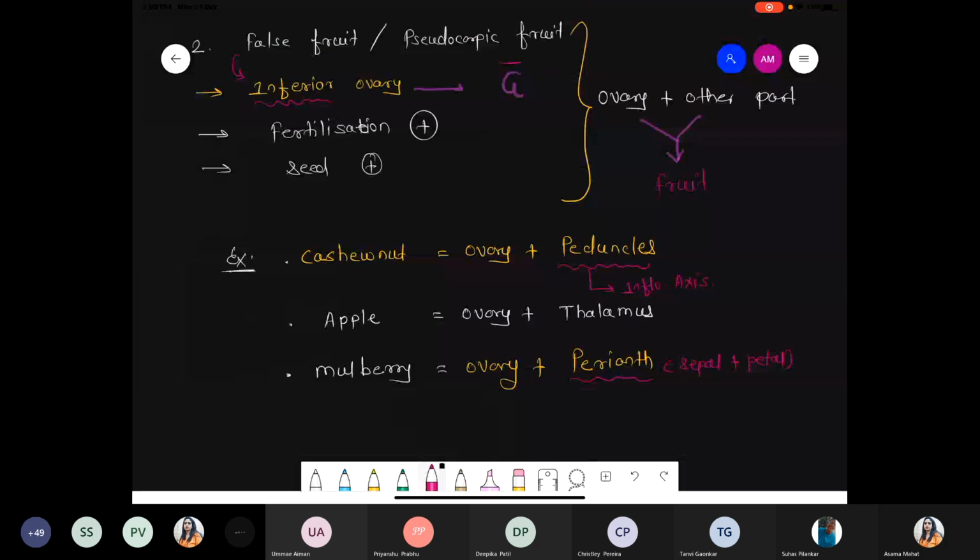So such a fruit which is developed from the inferior ovary, and not only the ovary part but along with that other parts of the flower also get involved during fruit formation, is called the pseudocarpic fruit or false fruit.